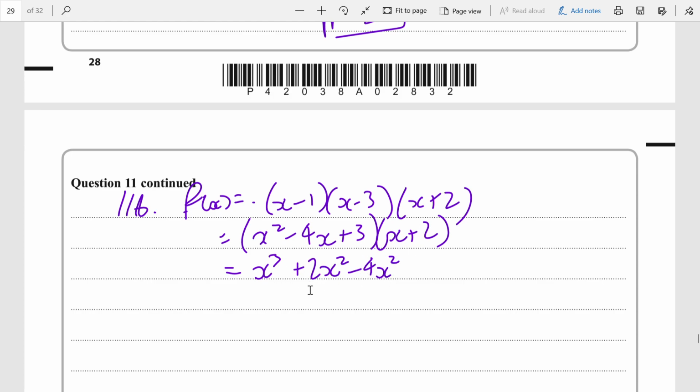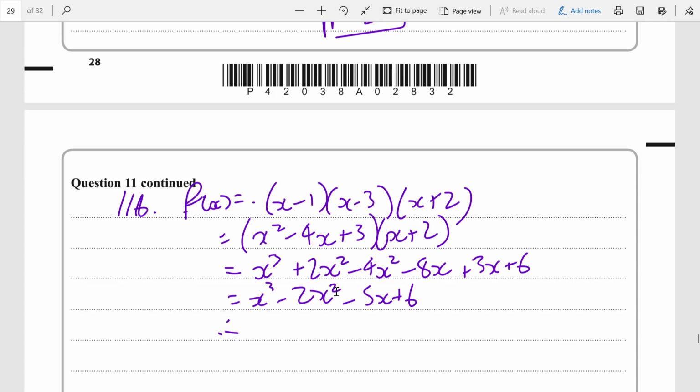This is from multiplying this to the first one, then multiplying this to the second one, then multiplying this to the third one. So minus 4x squared, minus 8x, and then plus 3x plus 6. And we evaluate this all together to get x cubed minus 2x squared minus 5x plus 6.